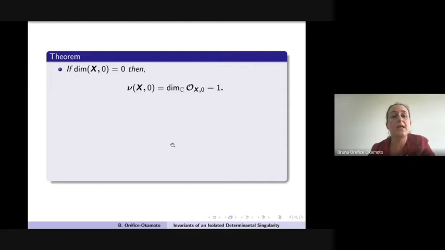Well, then we showed that this number is a good definition. It's the same as the one defined before. If the dimension of X is equal to 0, then the vanishing Euler characteristic of X is equal to this.